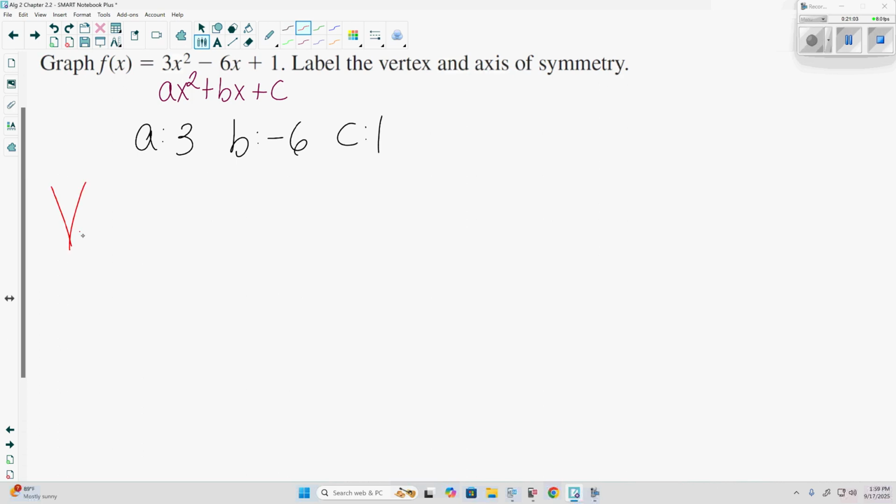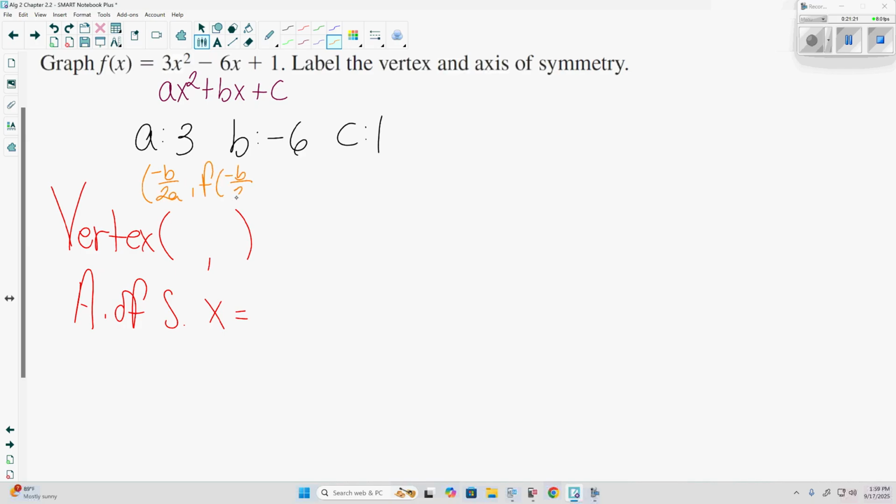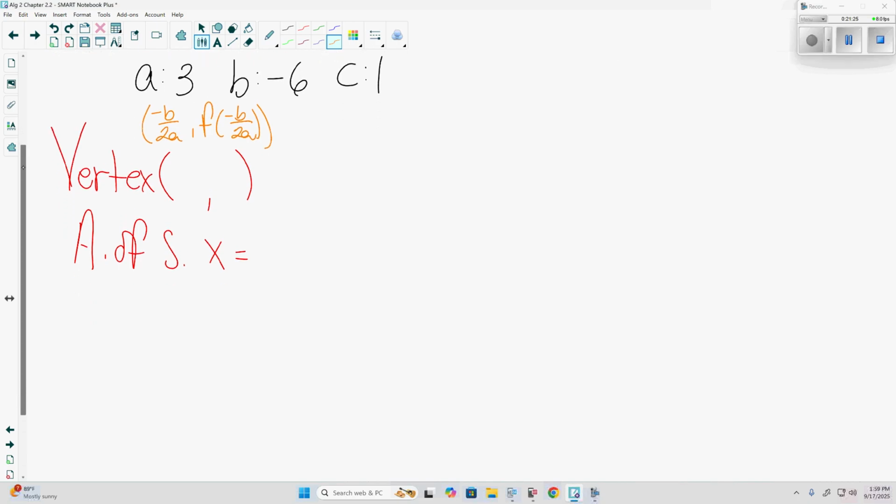Now, vertex and axis of symmetry. In the general form for the vertex, we said it was negative b over 2a, comma, f of negative b over 2a. And the axis of symmetry is x is equal to negative b over 2a.